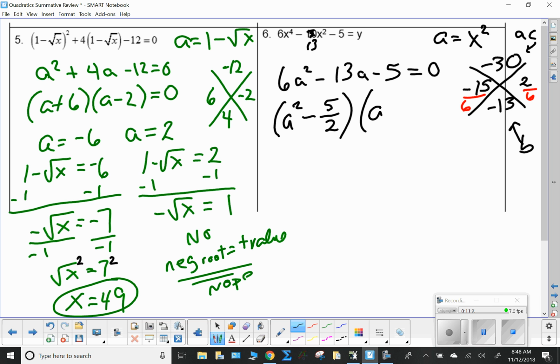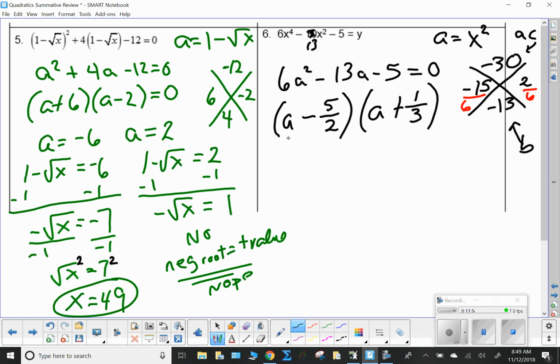Then I'm going to have a squared plus 2 will go into itself once, and it will go into 6 3 times. I need reduced fractions. Now, if I'm factoring this, I need to do bottoms up, but I'm not factoring it. Okay? Oops. Let me also do this. This should be just a. I'm not factoring it. I'm solving.